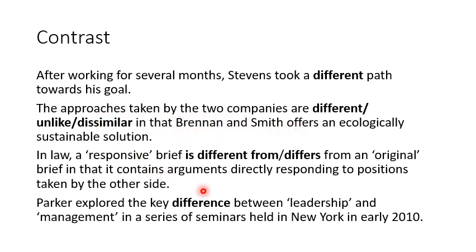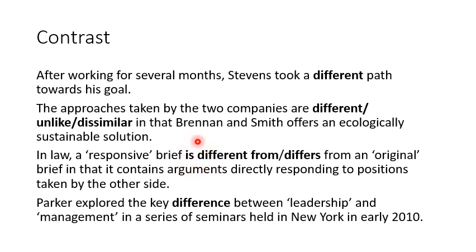The other way to show the contrast is using the verb differ. For example, in law, a responsive brief is different from, or differs from. Different is an adjective, so we need to put is to make the sentence complete with a verb.